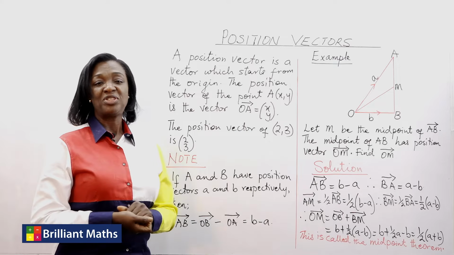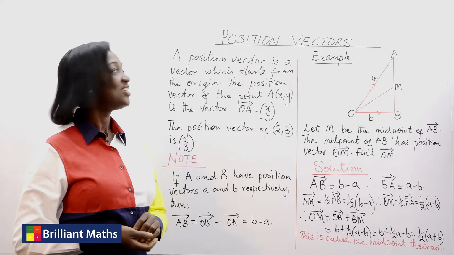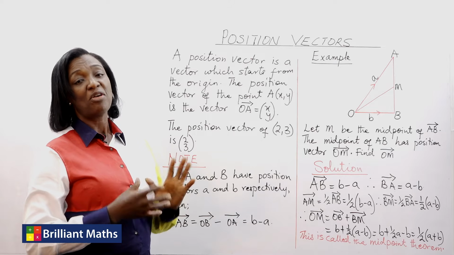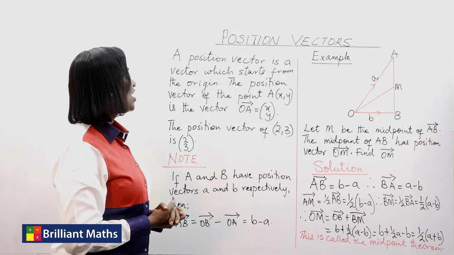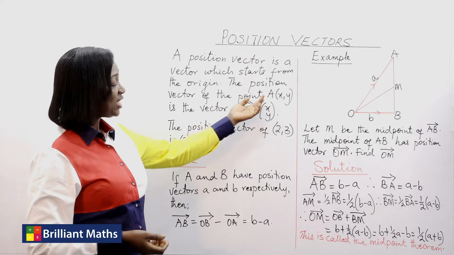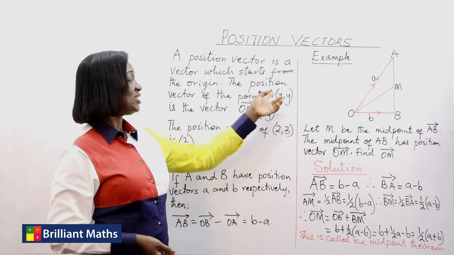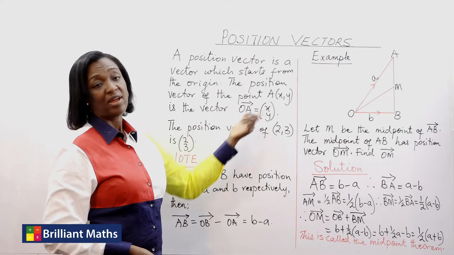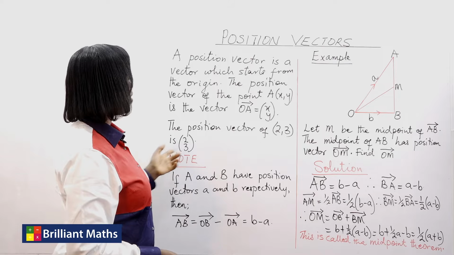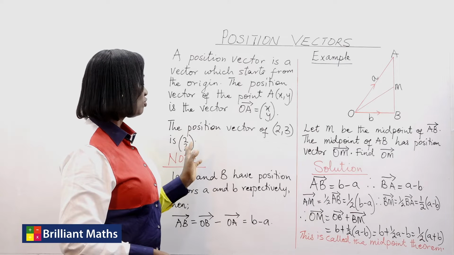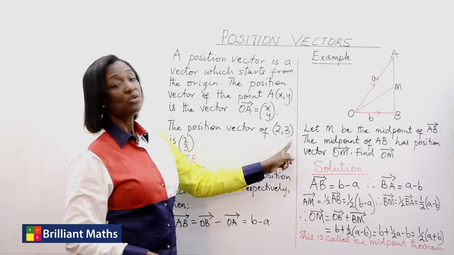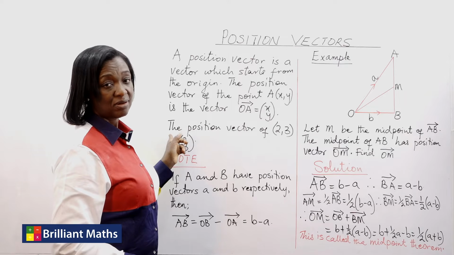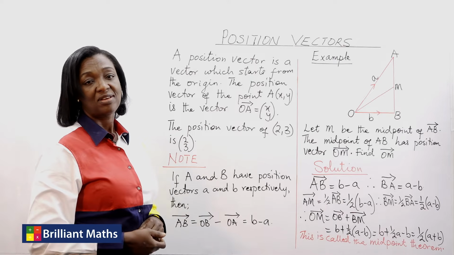In this lesson, we want to look at position vectors. A position vector is a vector which starts from the origin. The position vector of the point A with coordinates x, y is a vector OA, x, y. So for example, the position vector of 2, 3 is column vector 2, 3.